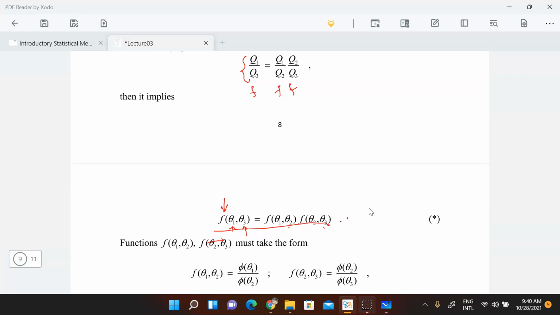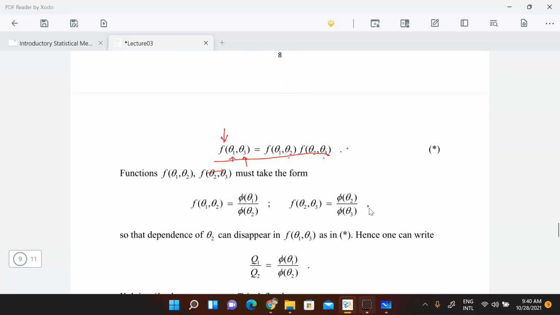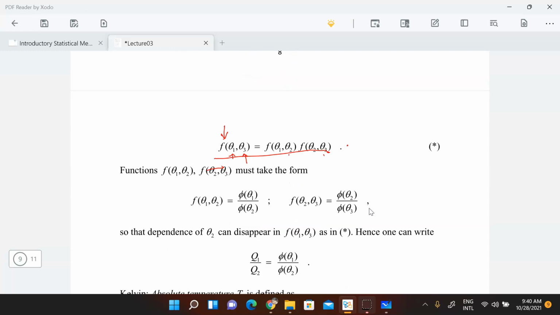So how can this happen? Well, this can happen if this function itself is a ratio of functions of the individual temperatures. So you write it this way: phi theta1, phi theta2. Since this is a universal function, phi will also be a universal function.